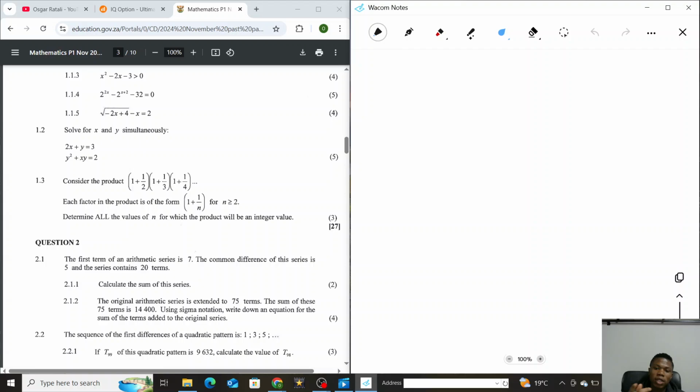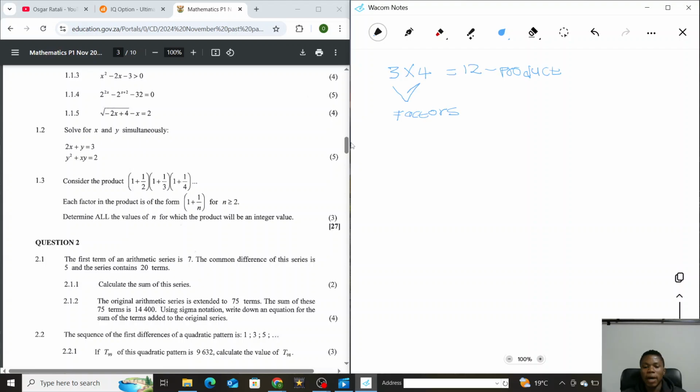This 12, we call it a product, because it's the result of multiplying these 2 or more numbers together. And this 3 and 4, we call them factors. And what is a factor? A factor is a number that divides another number exactly without leaving any remainder.